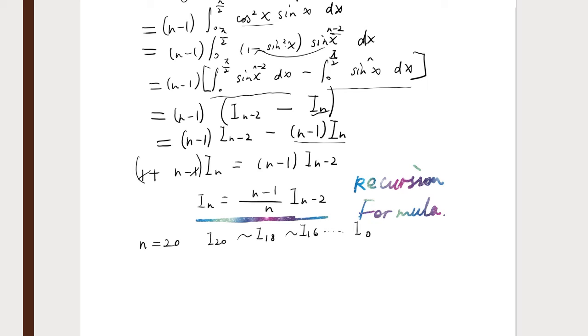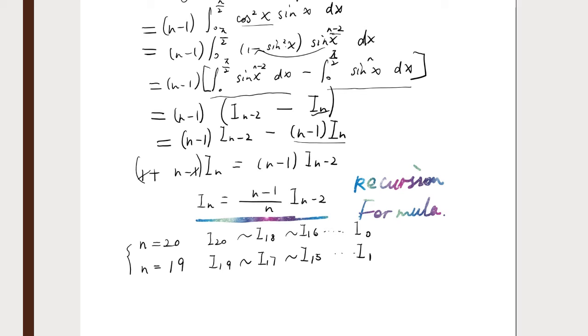For example, if n equals 19, we find I19 related to I17, which is further related to I15, and further down we have it related to I1.